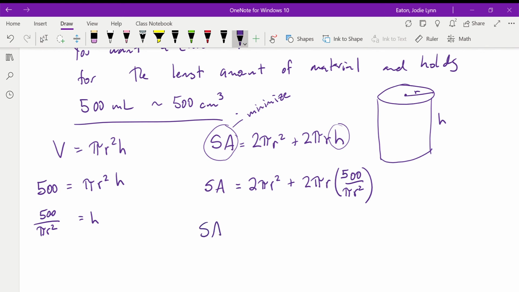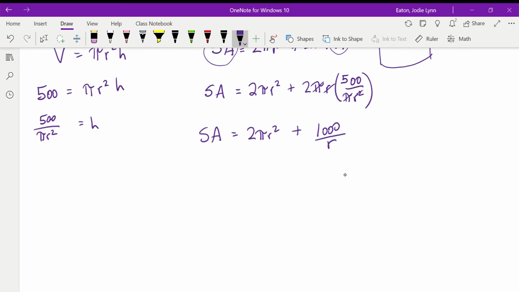So surface area is 2 pi r squared plus, this cancels with that, one of our radiuses cancels, 1000 over r, which is the same as 1000 r to the minus 1. So now I'm going to take the derivative of surface area. So surface area prime is 4 pi r plus negative 1 times 1000 r to the minus 2.